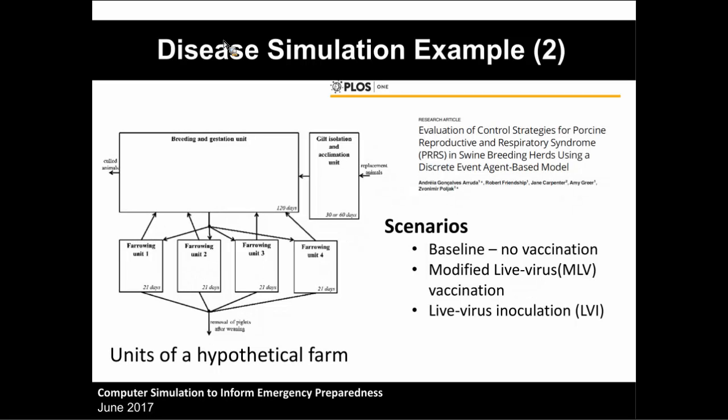First is live attenuated vaccination, and the live virus inoculation is the second, to minimize the size of the outbreak in the herd. And they measured the outcome as infection, not disease. When we say infection, it means the virus is present and replicating within the host. And for disease, in general, it means they will have some clinical outcome.